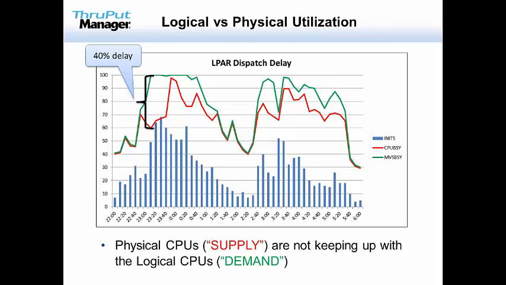Now, when they overlap, which they do a lot during the lower periods, that simply means supply is meeting demand. And this is a good thing, and you're healthy and happy. Where you see these gaps, particularly the one area that I've noted here, the 40%, that means that here I see the demand at 100%. The MVS busy is 100%, and yet the supply from the machine is only at 60.